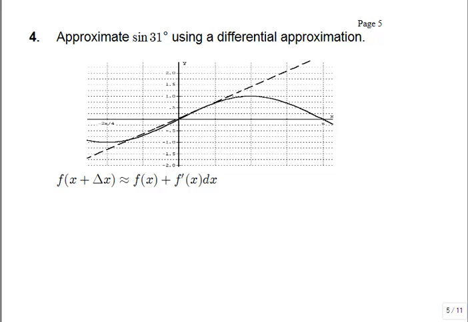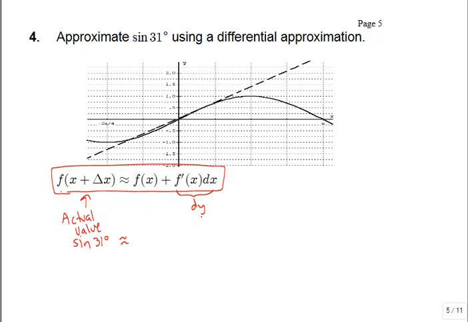Okay? So this is the basic formula that we're going to be using when we do a differential approximation. This side is the actual value. So this is going to be that sine of 31 degrees. But what we're going to say is that it's approximately given by this side over here. This is your dy.